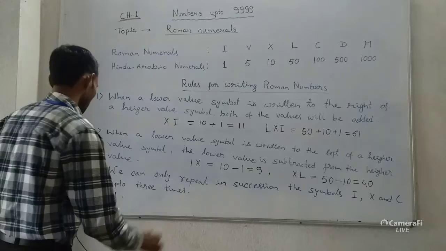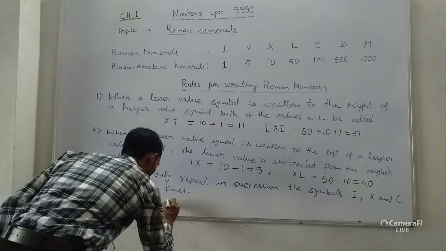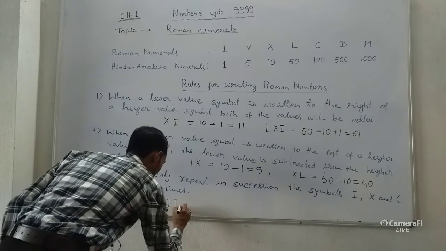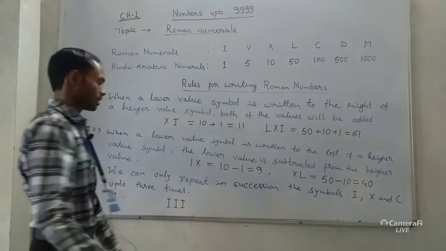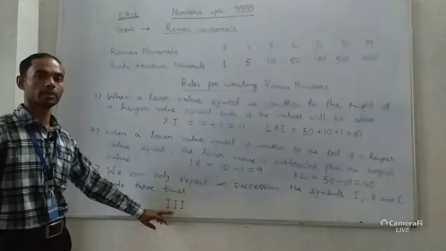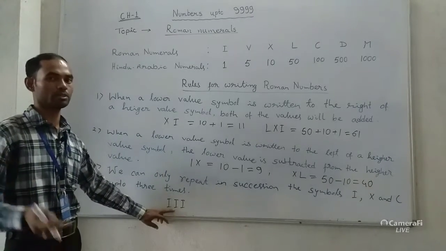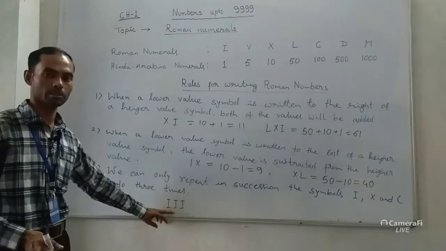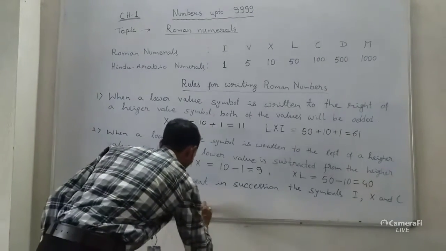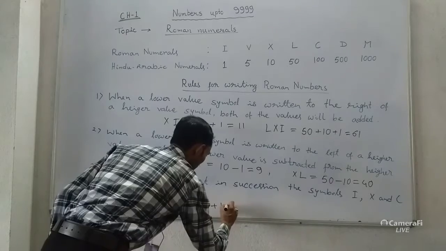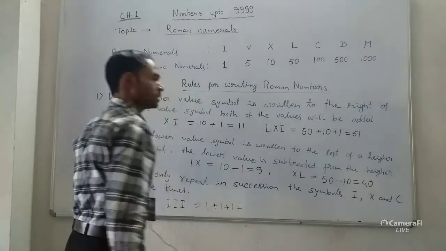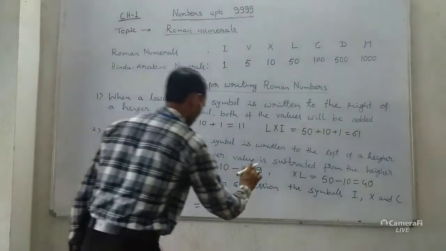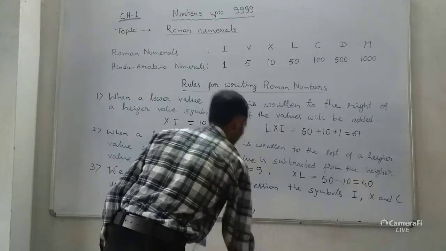What is the meaning? Suppose I am taking I. So I is repeated 3 times, not more than 3 times you can repeat. And what will be the value of this one? 1 plus 1 plus 1. So repeated means only add 1 plus 1 plus 1, that is 3.